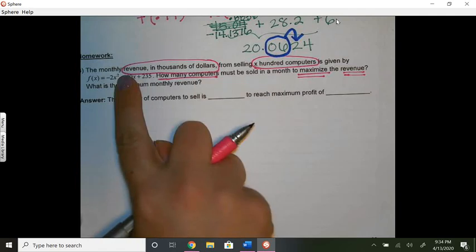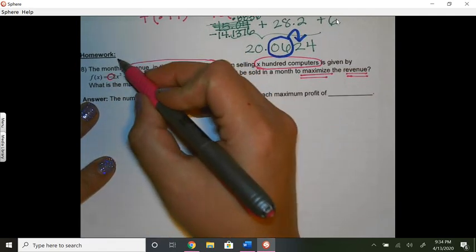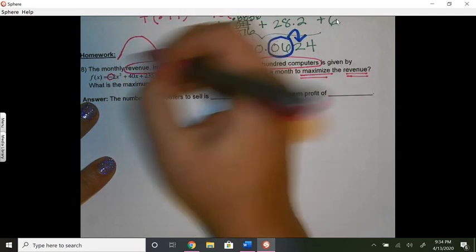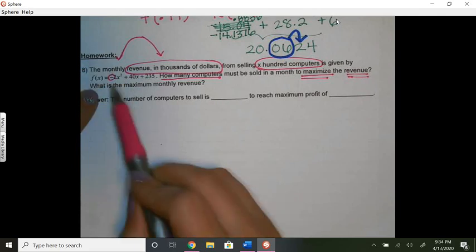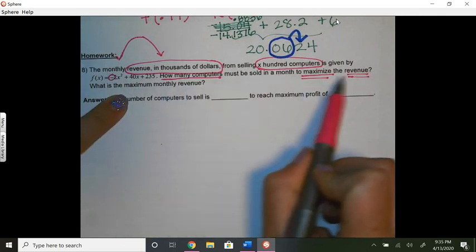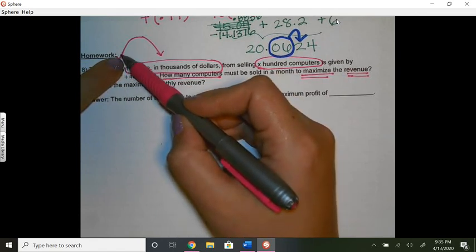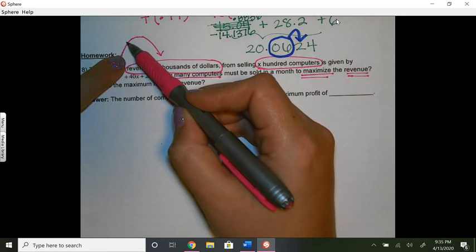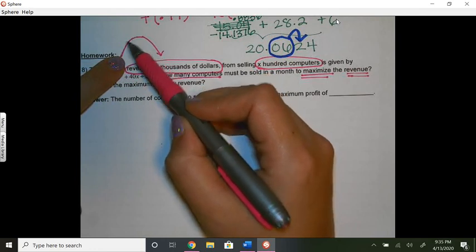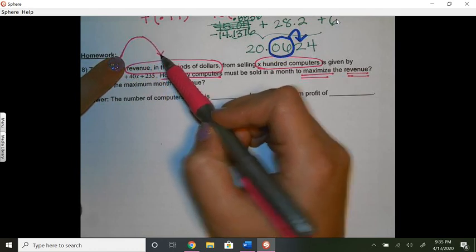So in this problem right here, the leading coefficient's negative. So I know that the shape of this graph is going like this. So since this is talking about the amount of money that they've made off of computers, imagine that the profit's going up, or the amount they make is going up, right? And then if they sell the computers for too much, then they might lose money because less people are going to buy it.